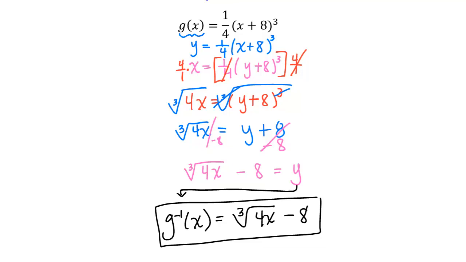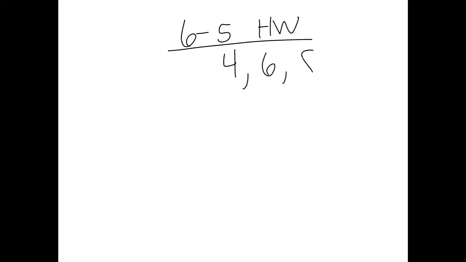All right, so you guys have about 6 minutes left. So for the rest of the period, you guys are working on the 6-5 homework. The ones with the cubes, which I forget what they were. It's numbers, I think, 4, 6, 8.